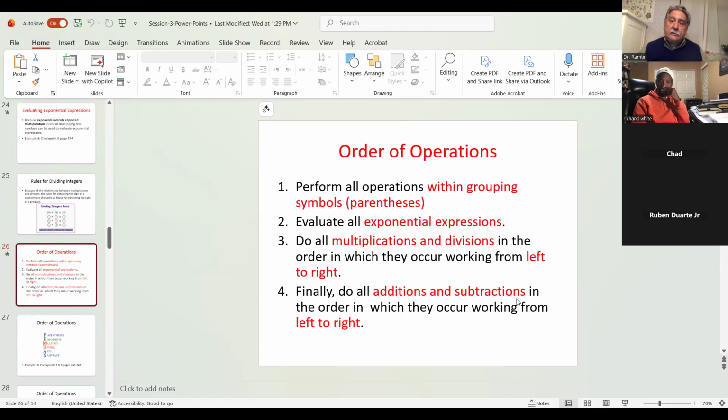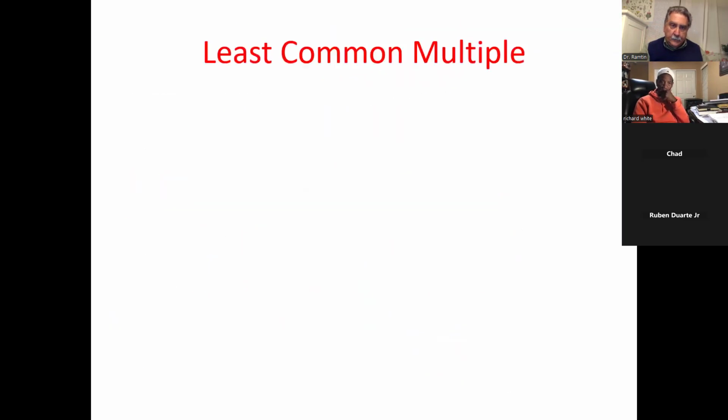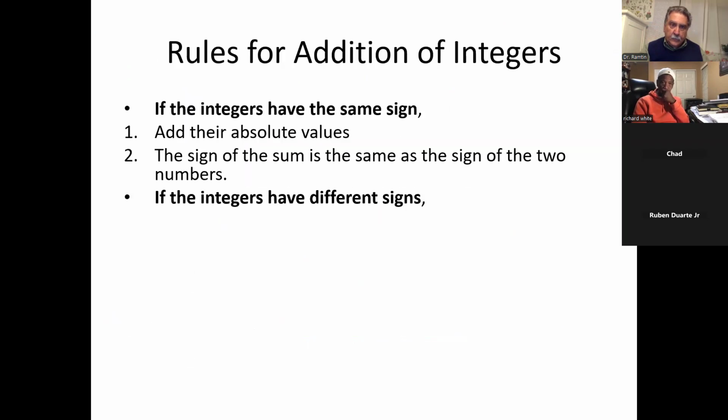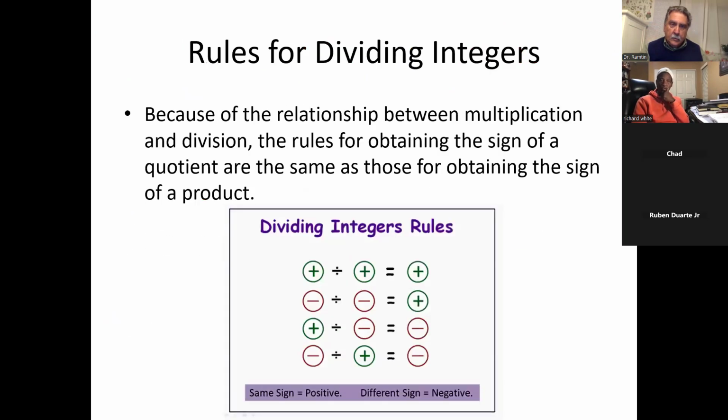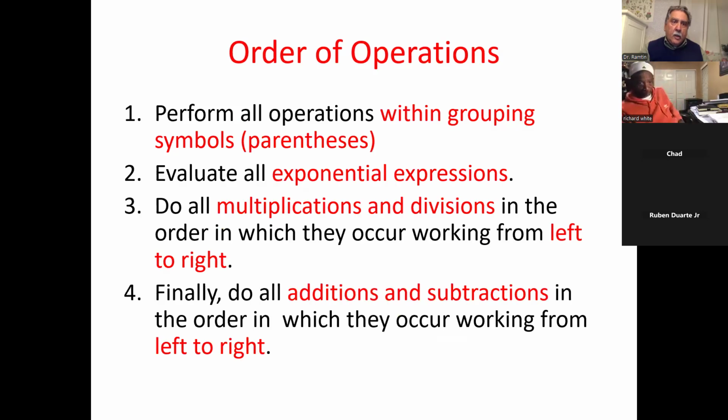We come to the order of operations. This is number 26. This is important. Lots of times people make mistakes on the order of operations.